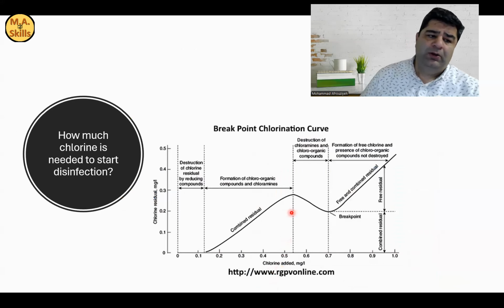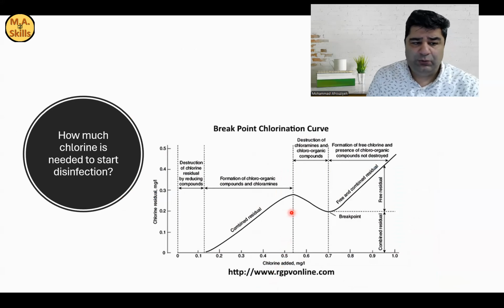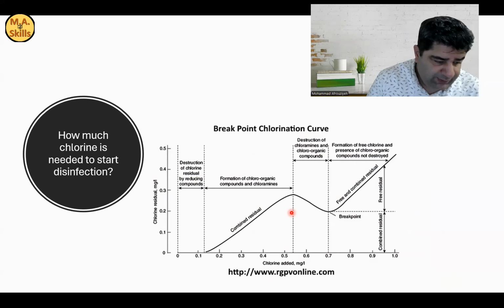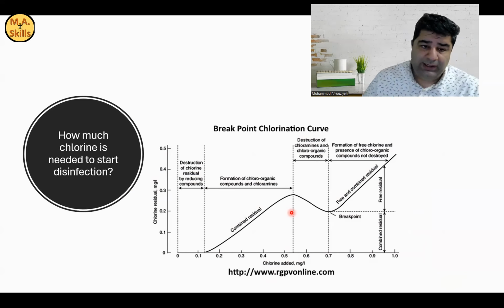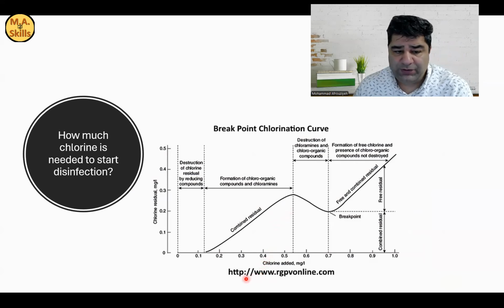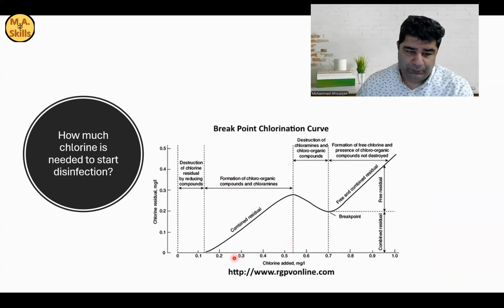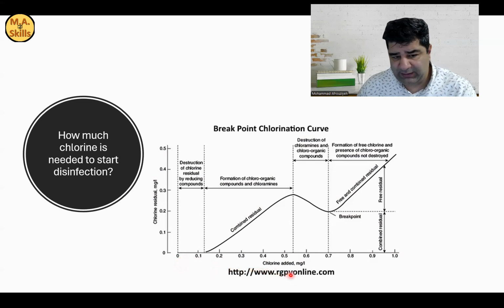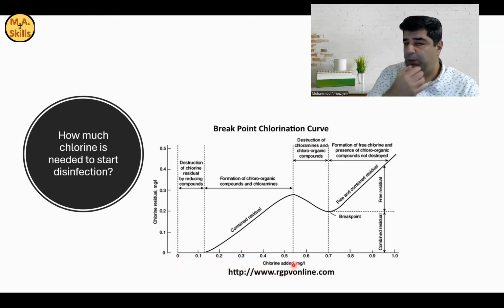So now, how much chlorine is needed to start disinfection? This is the question we are receiving all the time. To answer this question, we need to have a look at the breakpoint chlorination curve. So what is breakpoint? Just have a look at the amount of chlorine added into a water system.